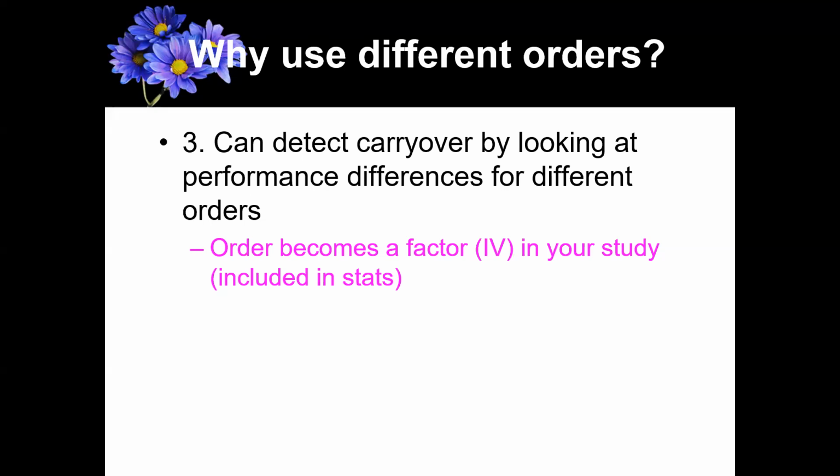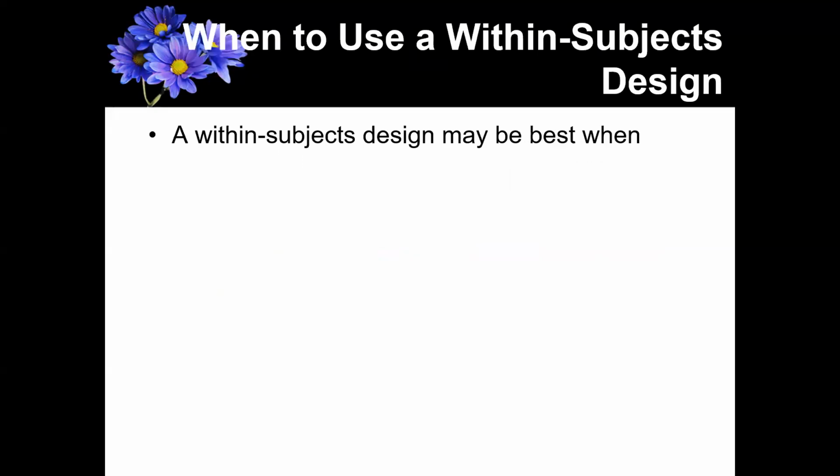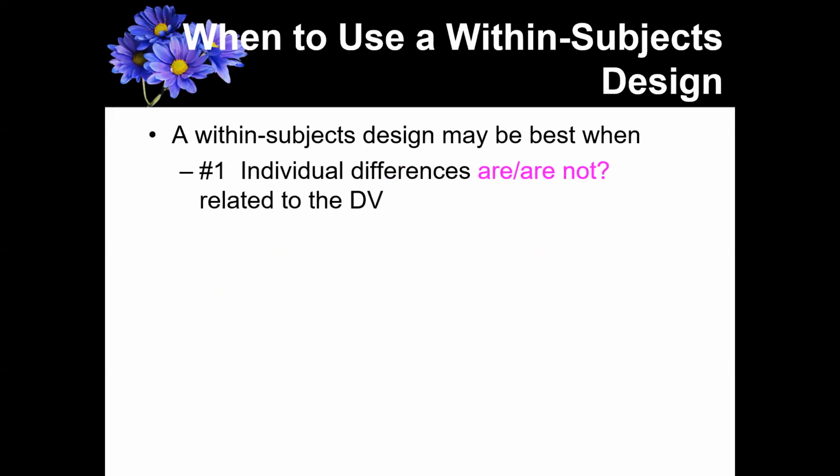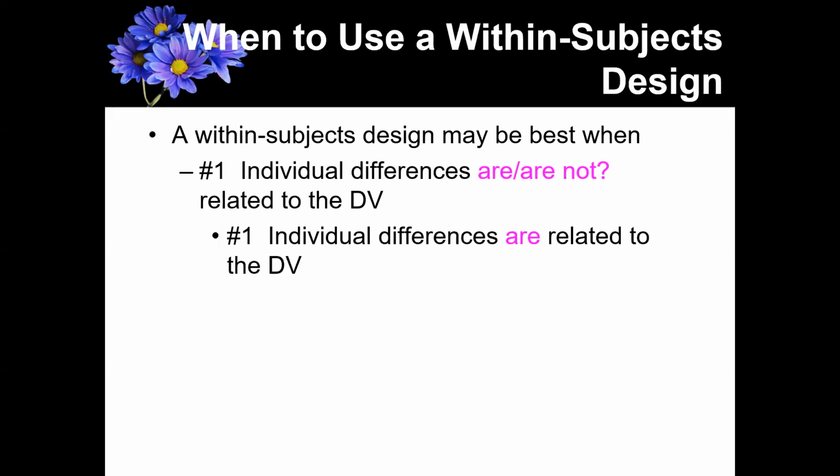So again, I'll give you an example of that thing I mentioned before, where order effects are not equal. But just to review, a within subject design is ideal when there could be pretty substantial individual differences. All studies are going to have individual differences, but when they're really heavily related to your dependent variable, it could have a pretty big effect.